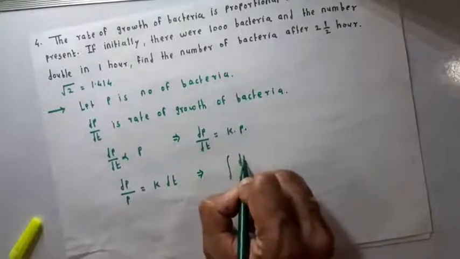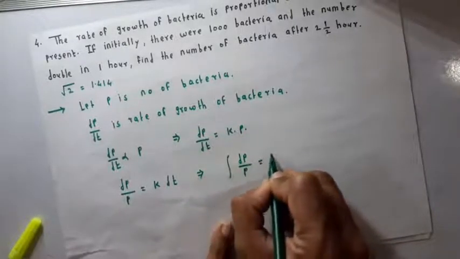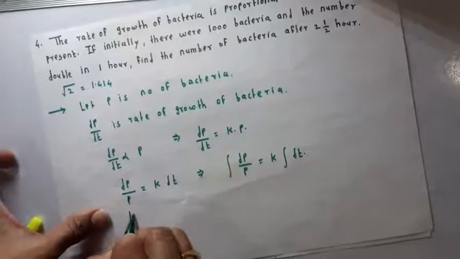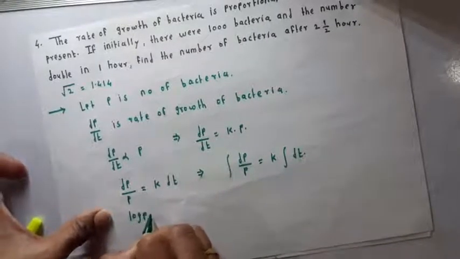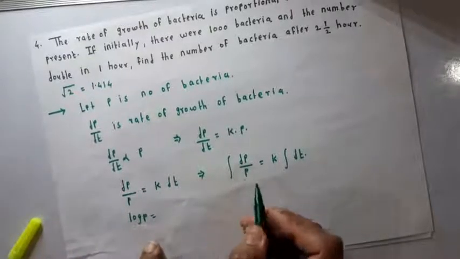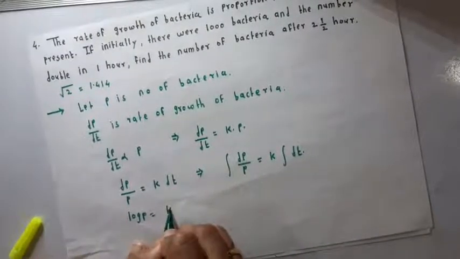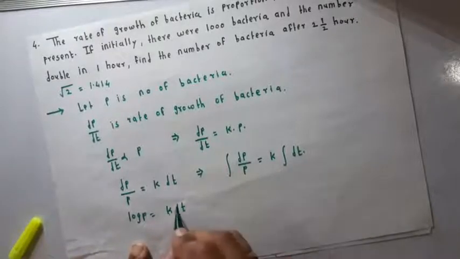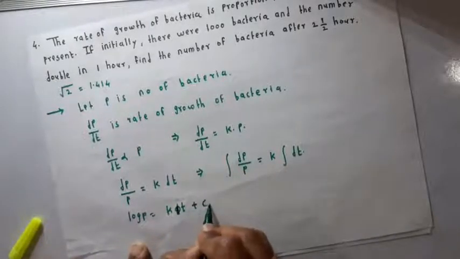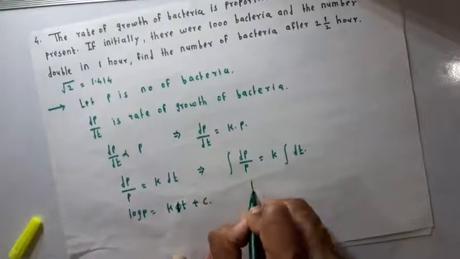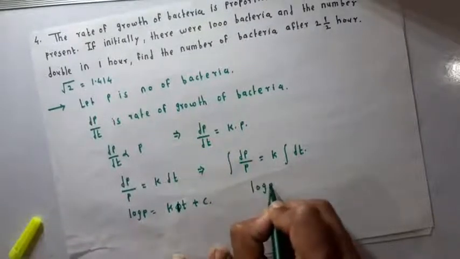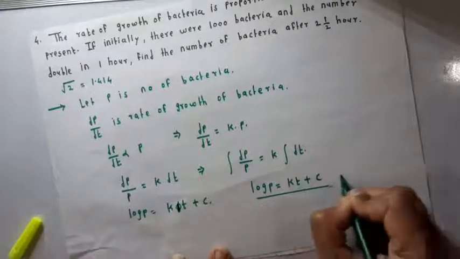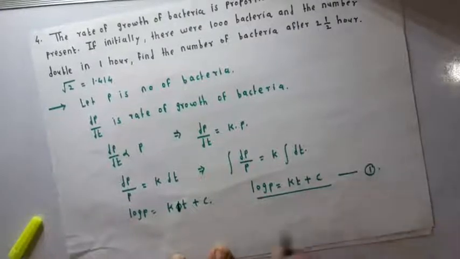Integration of dP upon P is log of P, equal to K into t, integration with respect to t is t, plus constant of integration c. Hence we have the equation log of P equal to Kt plus c. This is our basic equation 1.